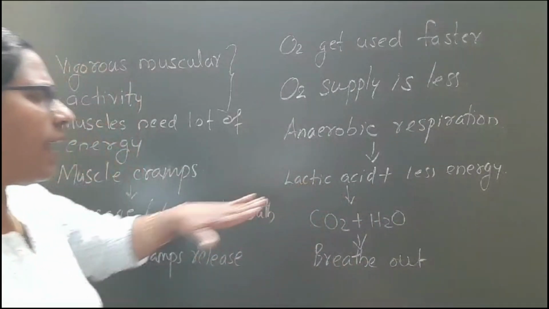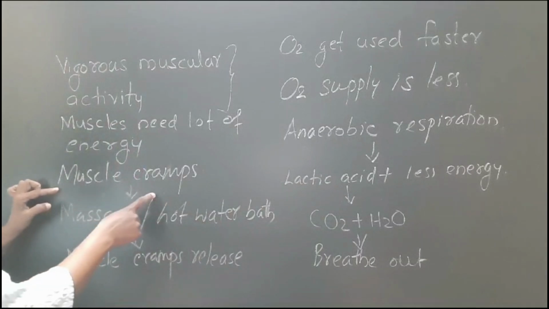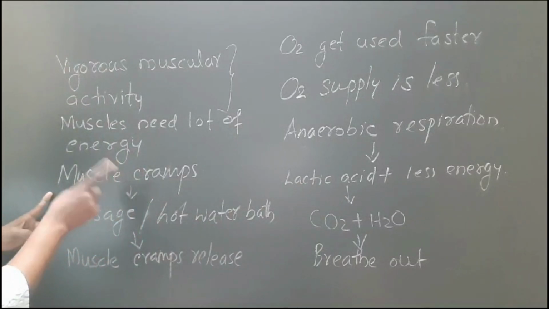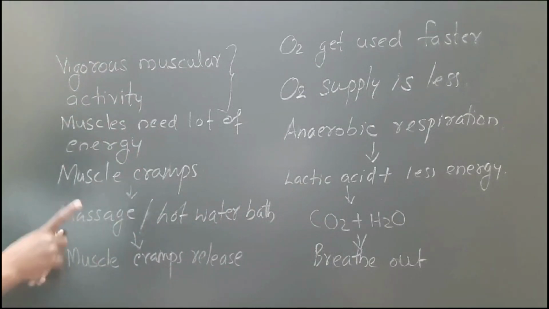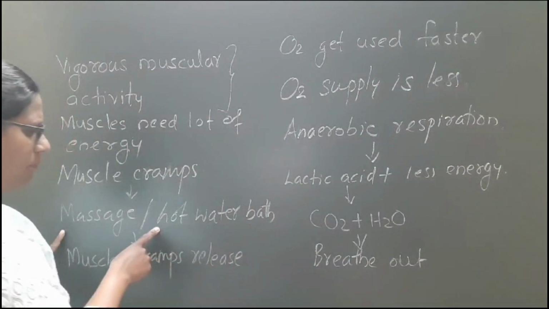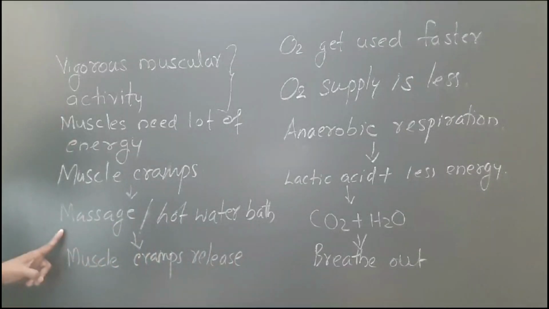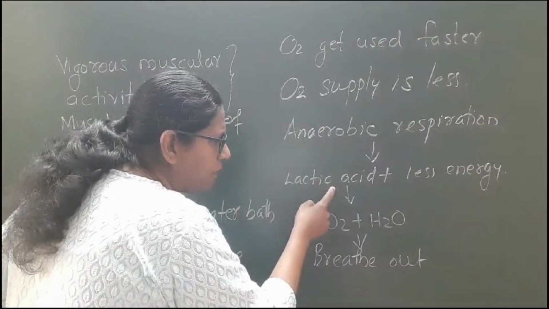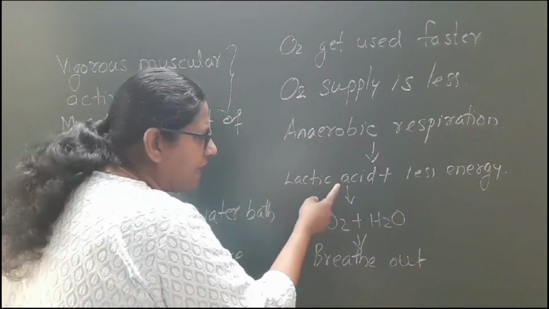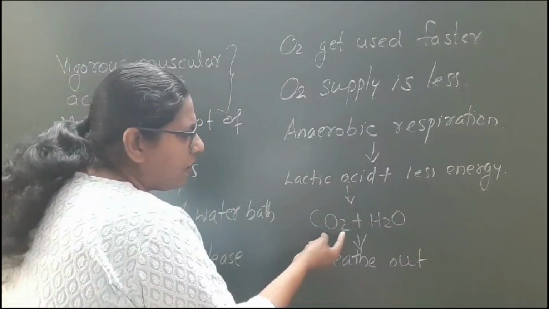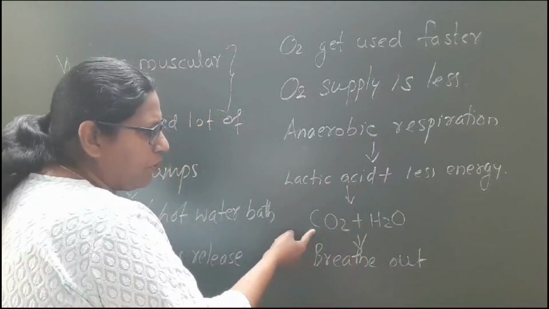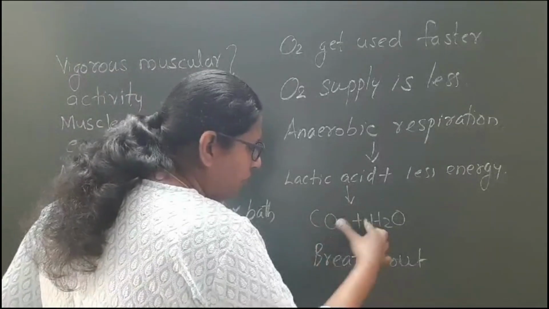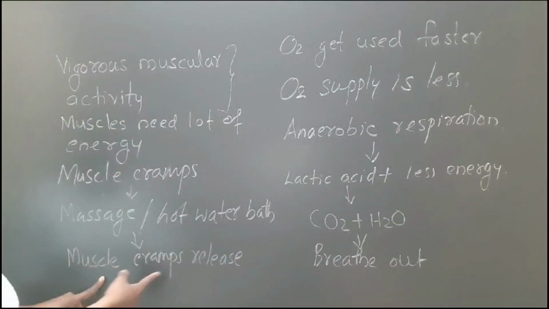Due to this lactic acid, the muscle gets cramps. We massage or take a hot water bath, so blood supply increases, and oxygen supply also increases. In the presence of oxygen, the cells break down the lactic acid, and carbon dioxide and water are produced. We breathe these out. Then the muscle cramps release.